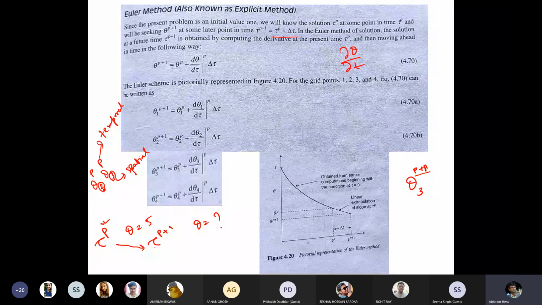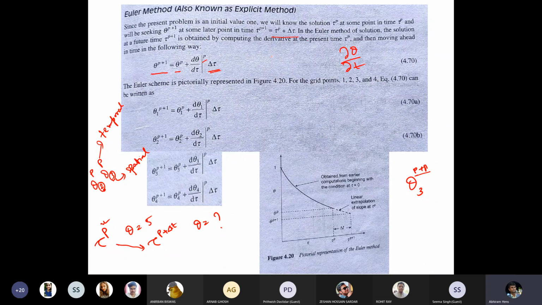So how do we get this? We can extrapolate it, with an assumption like this: theta p plus 1 will be equal to theta p, that is the value of theta at the pth interval, plus the gradient, d theta d tau at p, into delta t, if delta t is the time step. So, p plus 1 means here we like to see p plus delta t time step, right.